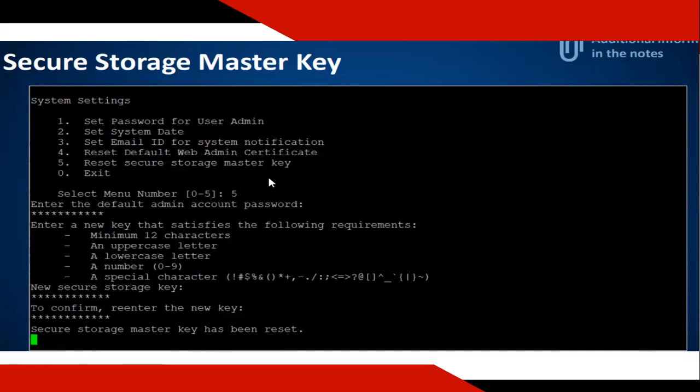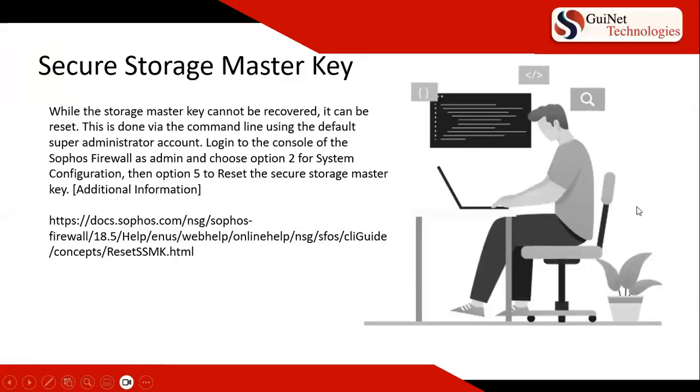You have to select the second option for system settings, and then you can see option number 5, reset secure storage master key. So those who are already working with Sophos Firewall and don't know what the secure storage master key is, I would recommend resetting the key so that you don't face any issue. All right, so you will have your secure backup.